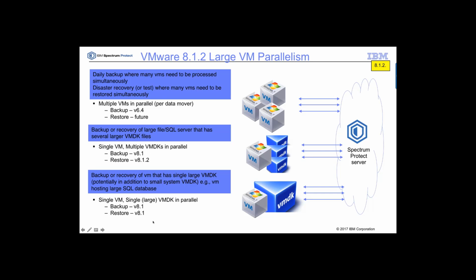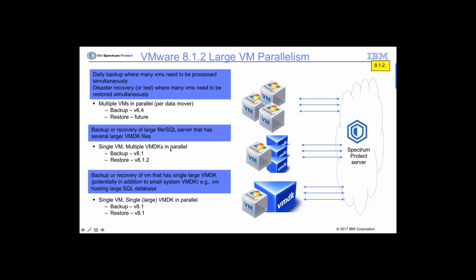So in version 8.1, we added parallel-based restore for a single VM with a single large VMDK. And the new addition in version 8.1.2 is a single virtual machine with multiple VMDKs on it.